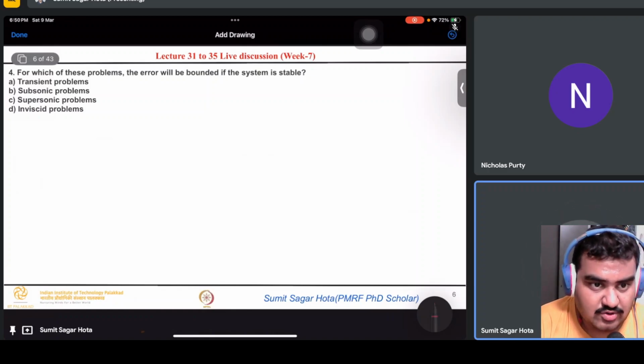For which of these problems will error be bounded if the system is stable?